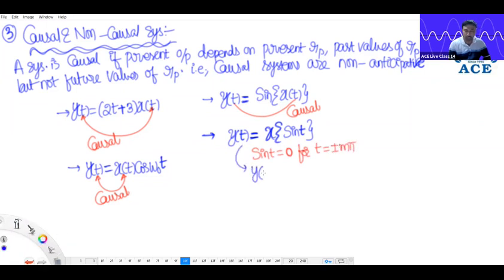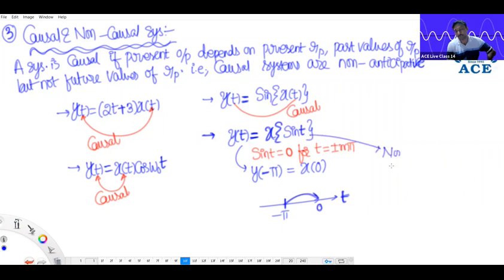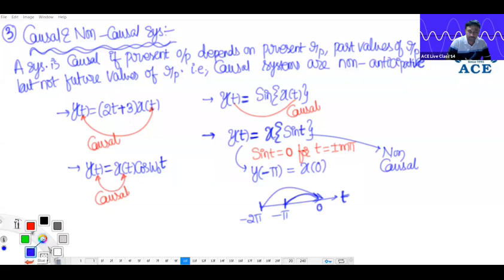So if you take output at minus pi, the right side becomes input at 0. Present output requires future input. Output is taken at minus pi, but input is needed at 0. Even if you take the minus 2 pi instant, we still want the answer at 0. Present output asking for future input means non-causal.